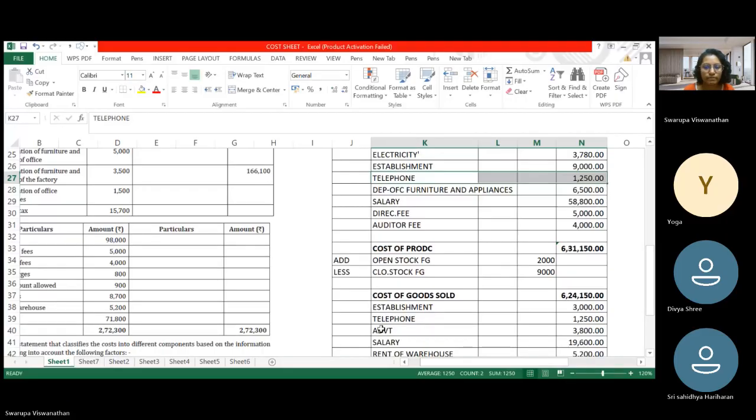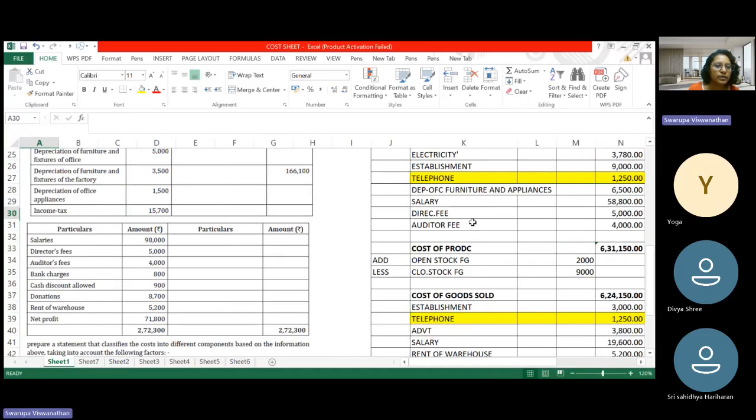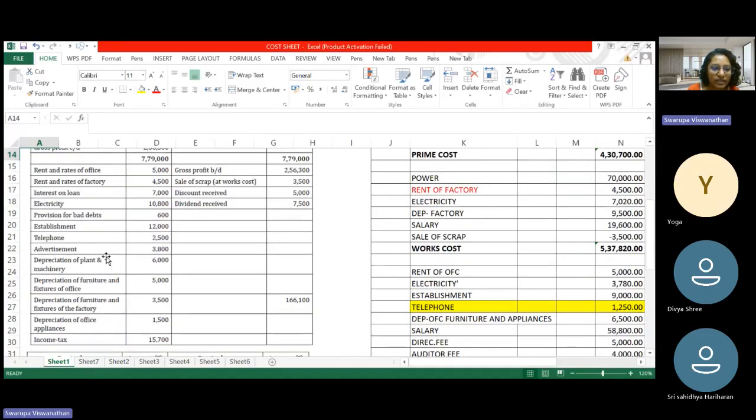Telephone I have recorded. Then we go to the next one. Advertisement is totally a selling expense, so the entire amount you have to mention under your sales overhead.